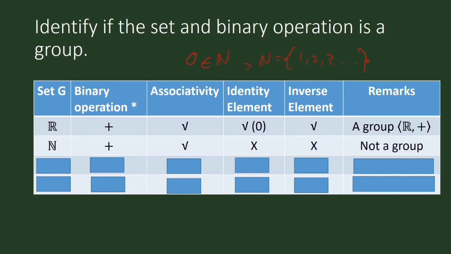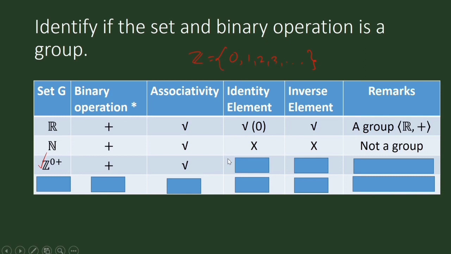How about this? This is a set that pertains to the set of whole numbers. The set of whole numbers is the set containing 0 and the positive integers. Under the binary operation of addition, well, is addition associative? Yes. How about the identity element, does it have an identity element?